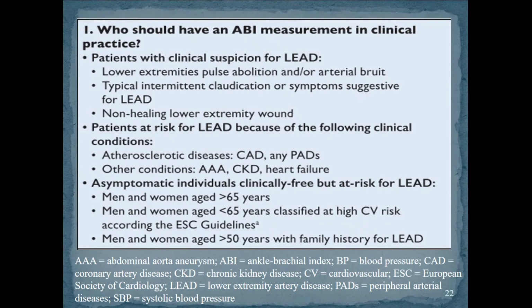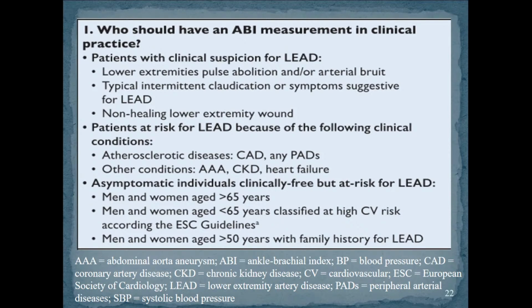Also, the patient at risk of LEAD because of the following clinical conditions: atherosclerotic disease, coronary artery disease, and peripheral artery disease. Other conditions: abdominal aortic aneurysm, chronic kidney disease, heart failure. Also, asymptomatic individuals clinically free but at risk of LEAD.